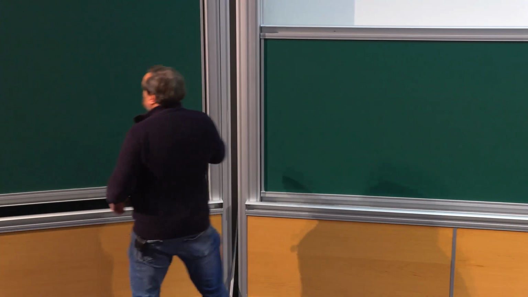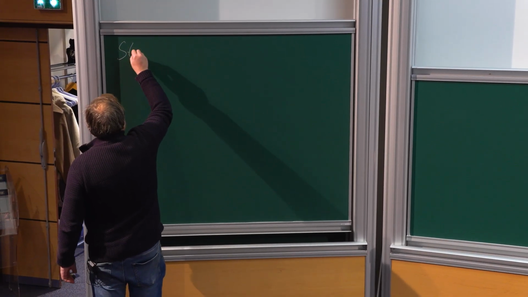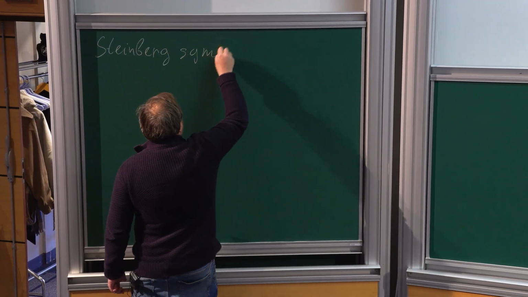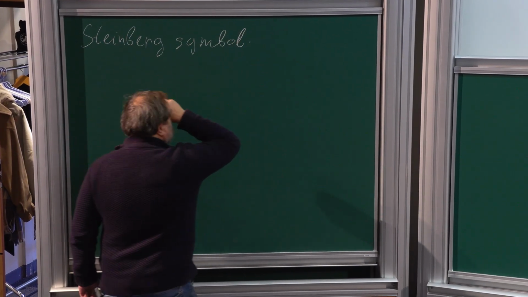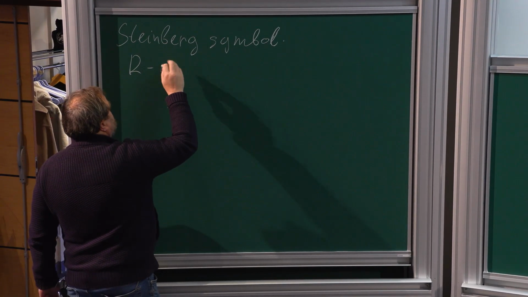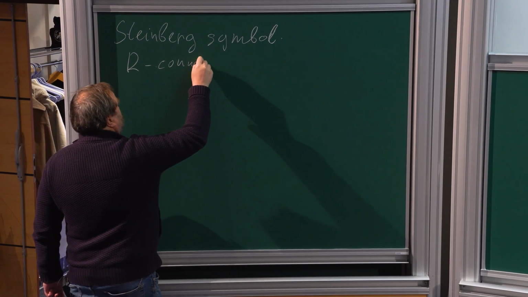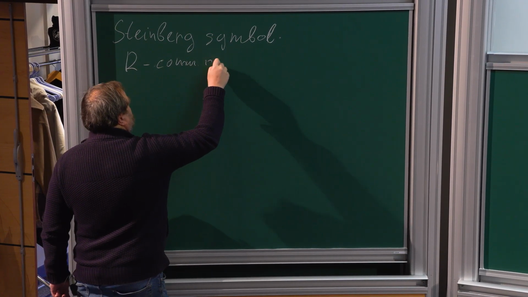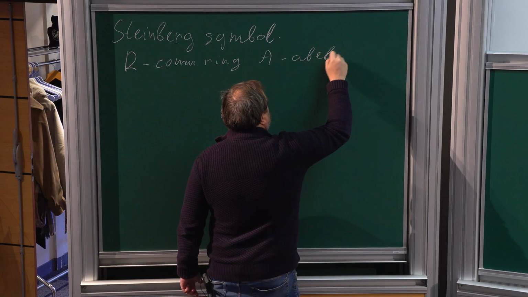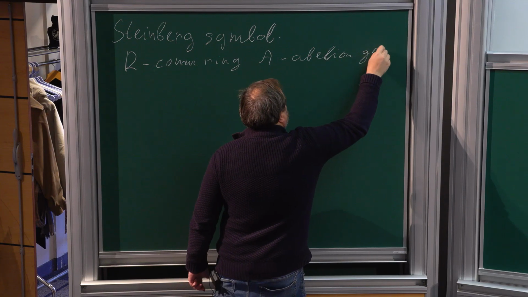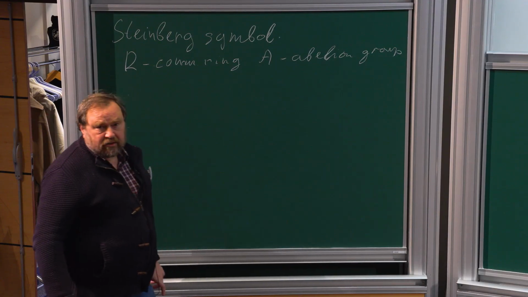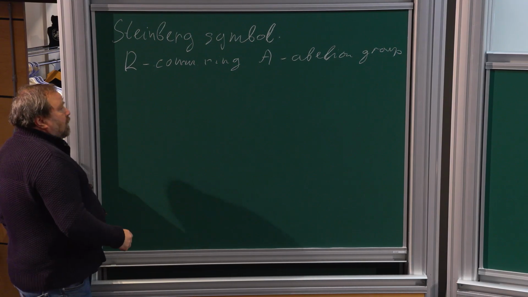So the Steinberg symbol, maybe I'll just draw it here. I just recall what it is. If R is a commutative ring, and A is an abelian group, which I'll write multiplicatively.